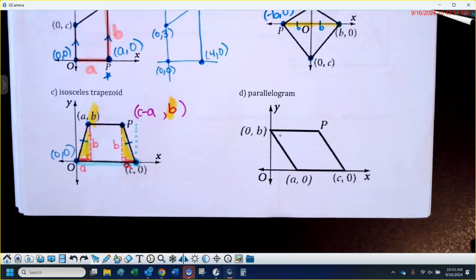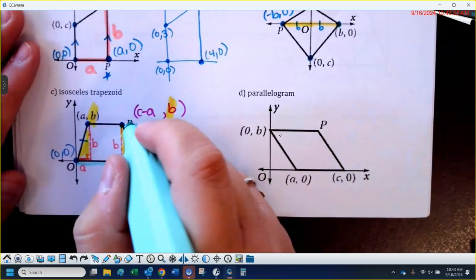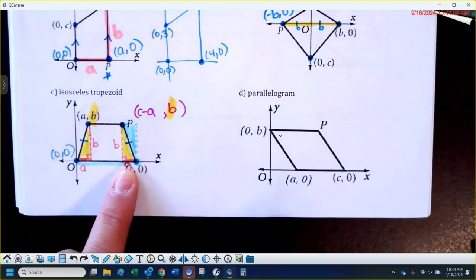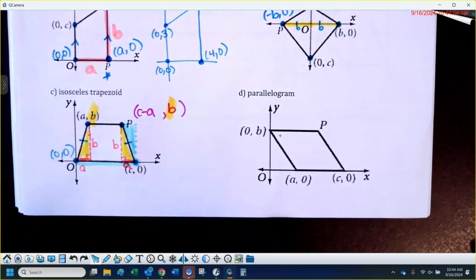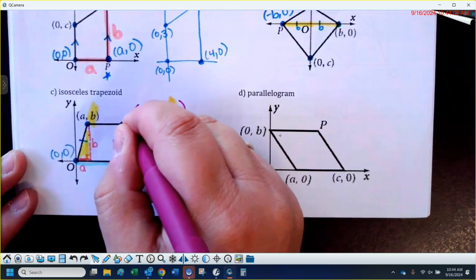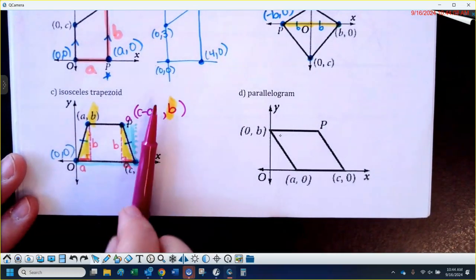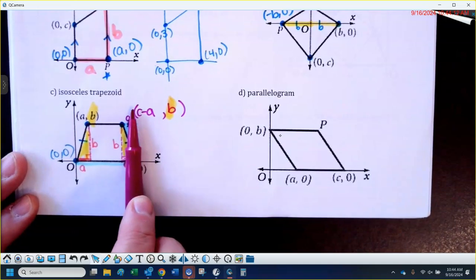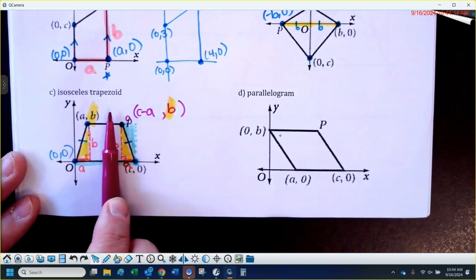If I go straight up, I'm on the same level here, but I got to back up just a little bit to get to that point. That distance is that A across the bottom. So that is why this little bitty distance here would be A. So that's why you're doing C minus A, because you have to back up just a little bit from this line to get to this point.